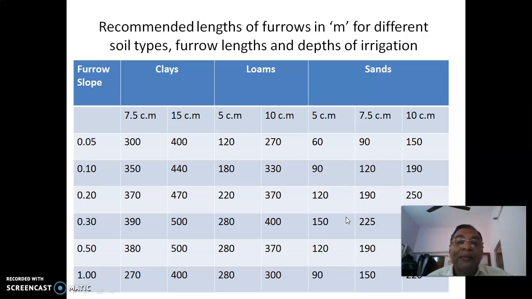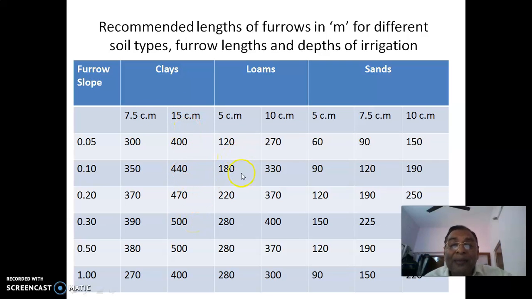Similarly, in the case of clays, less percolation is there, so furrow lengths are maximum for a given situation. Suppose the irrigation depth is, for example, 15 centimeters compared to 7.5 centimeters in the same soil; across the slope it does not vary much.